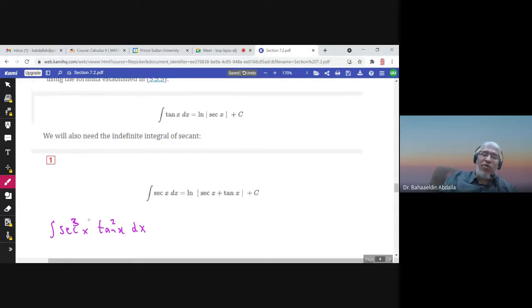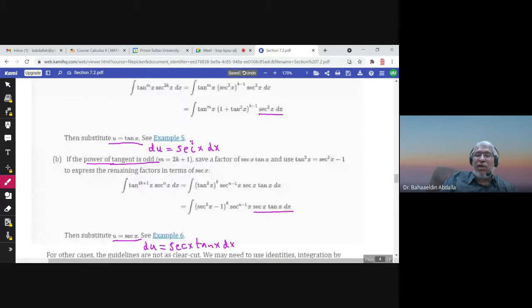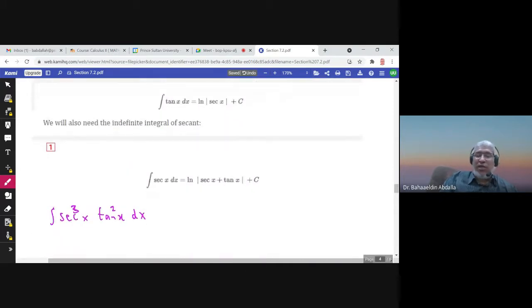So here the power of secant is not even, the power of tan is not odd, but here we need to use a different substitution.